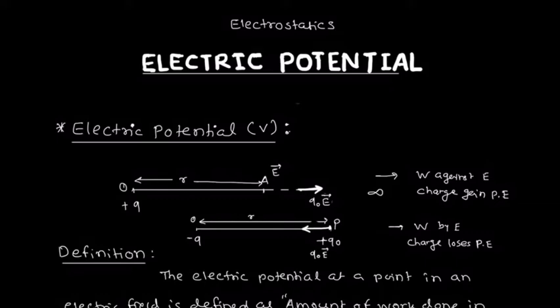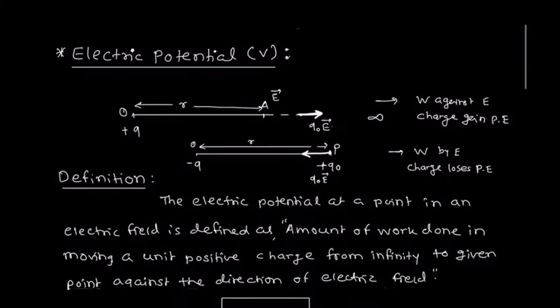Hence, how do we define the electric potential? Electric potential at a point. Which point do we choose here? At the point A or P, in an electric field.